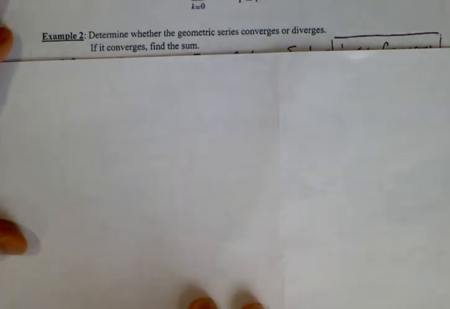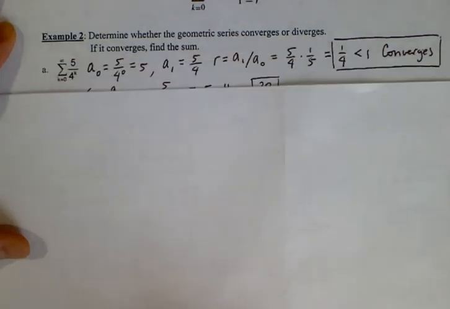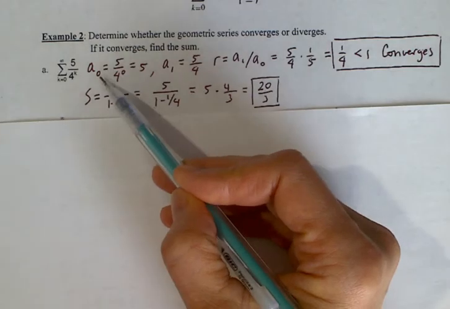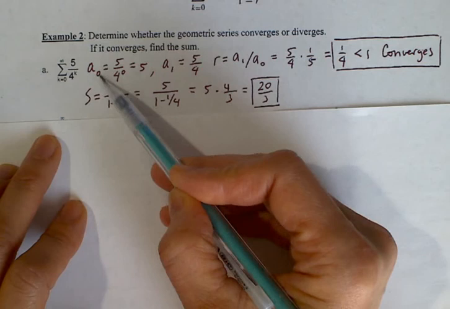Okay, so in example 2, the question is asking you to determine whether the geometric series converges or diverges, and if it converges, find the sum. So for geometric series, the main thing you have to do is find out what the common ratio is. I'm going to attempt to do that first.